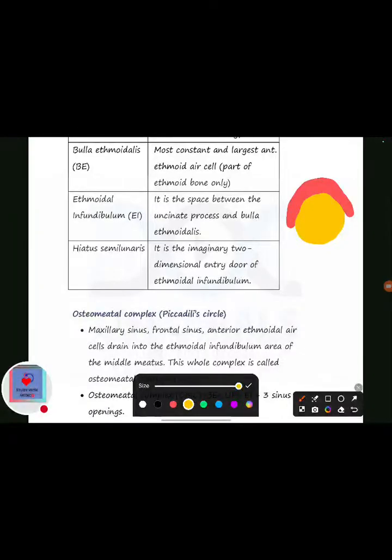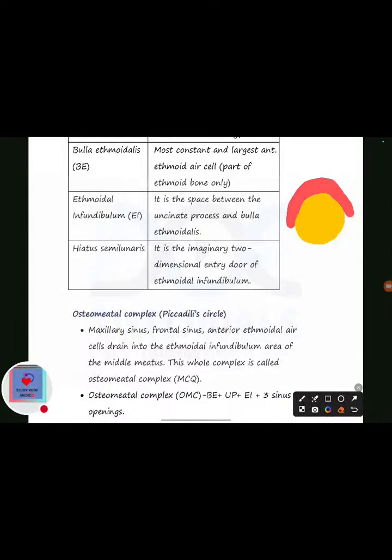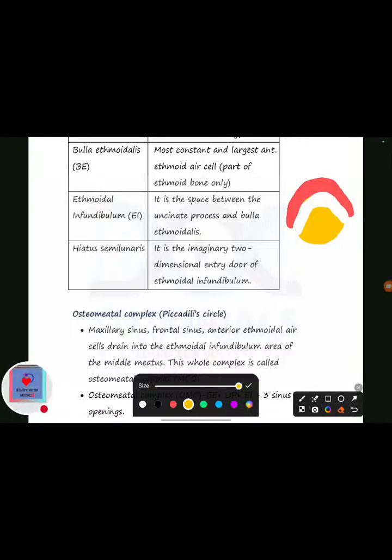So the space between them is called the ethmoidal infundibulum.